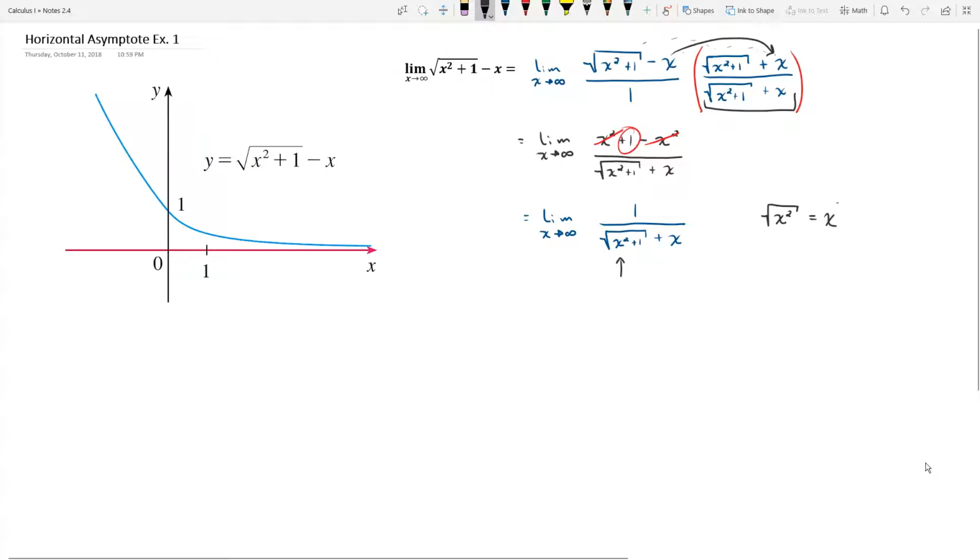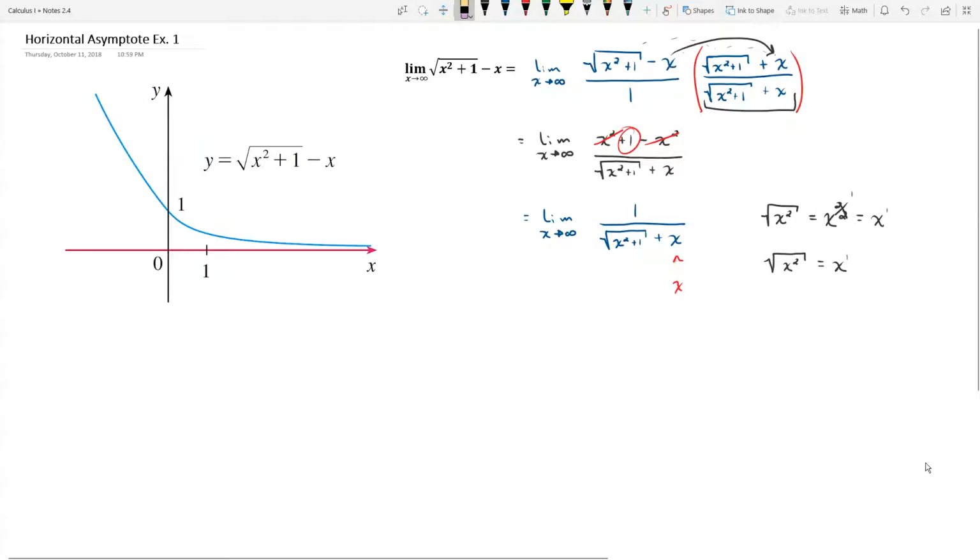That would be the power of 2 that it's raised to, divided by the square root, which is 2. Well, that's equal to just x. 2 divided by 2, that's just 1. So x to the first. So really, writing the square root of x to the second is the same as writing x to the first power. Well, in the denominator, we only have x to the first power for both variables. Both of these are equivalent. They mean the same thing.